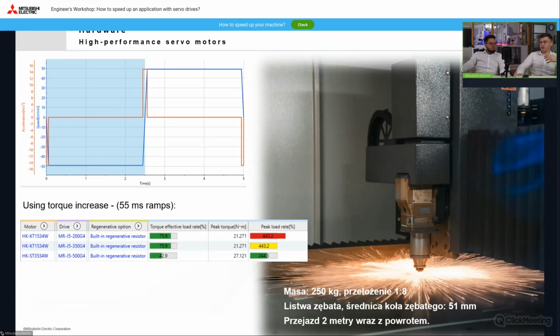By default, in such a case, you would have to use as much as 3.5 kilowatt of motor power. So this difference is really noticeable, and especially in applications requiring high acceleration, such as plotters, we'll be able to make proper use of this function. After all, we want to accelerate applications, don't we?